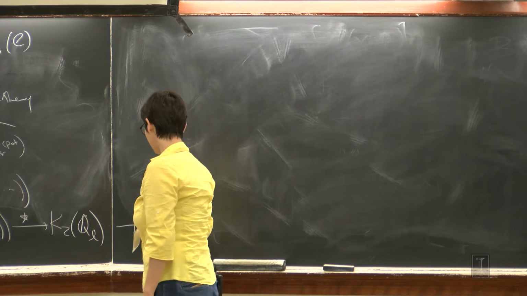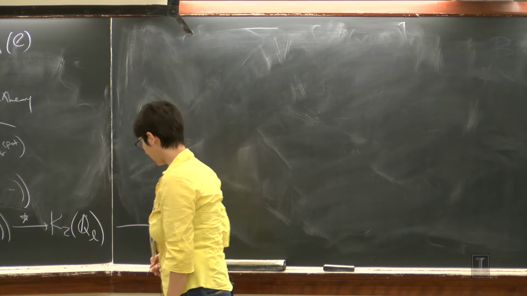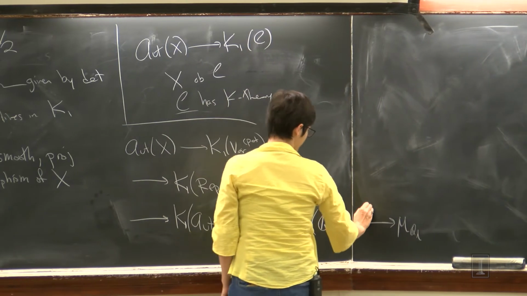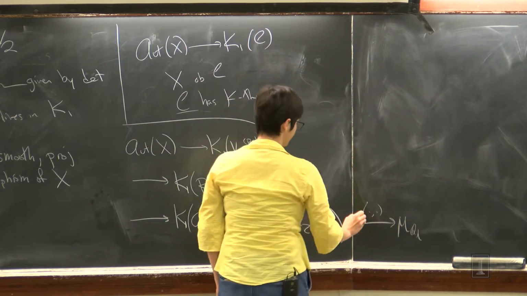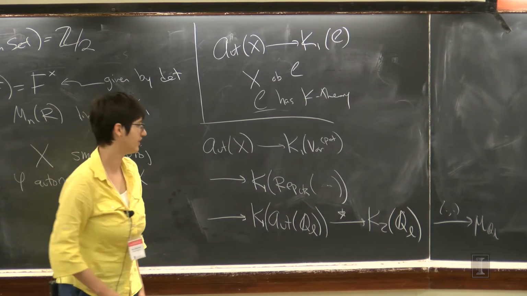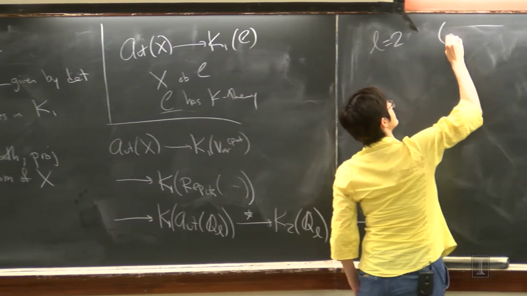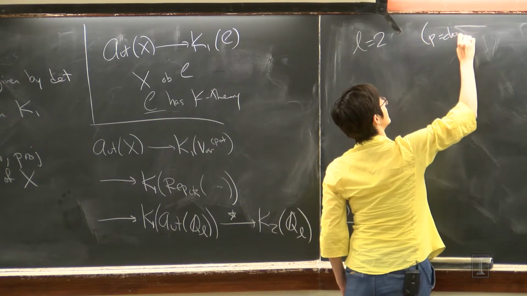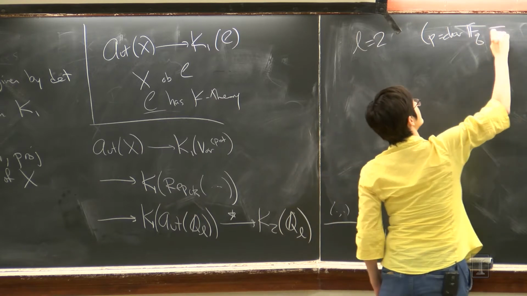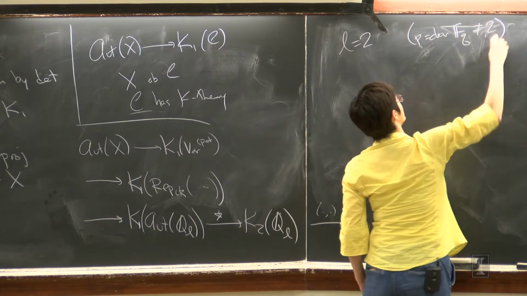So we can map from this to the roots of unity in Q_l. This is the Hilbert symbol. And the only thing that actually matters here is in the case when l is 2, so in this case p, which is the characteristic of our field, is not equal to 2.